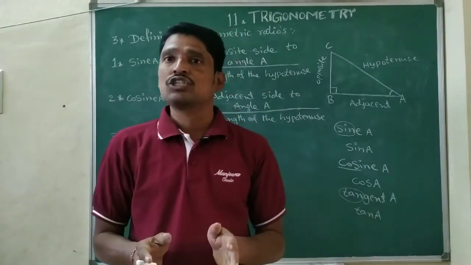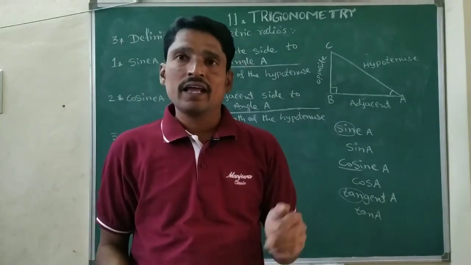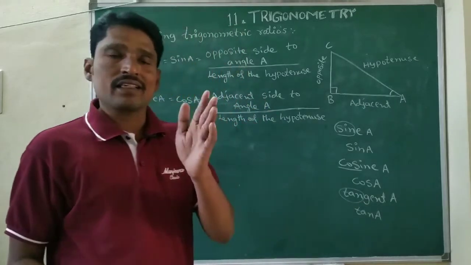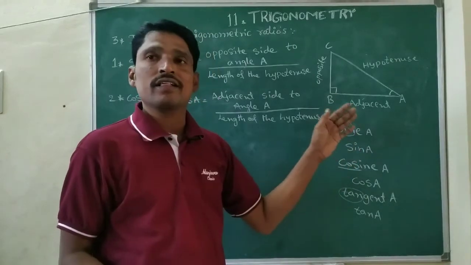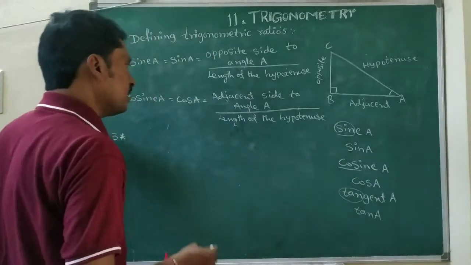How are we taking the ratio? The ratio of the opposite side of an angle A and the adjacent side of the angle is constant in all similar right triangles, then the ratio is named as tangent A. So we are taking tan A.